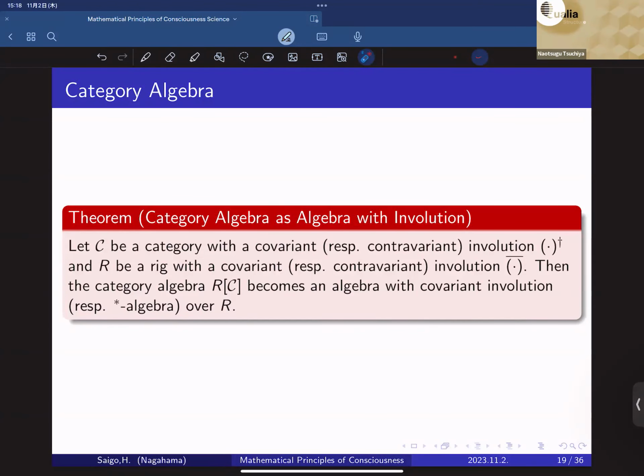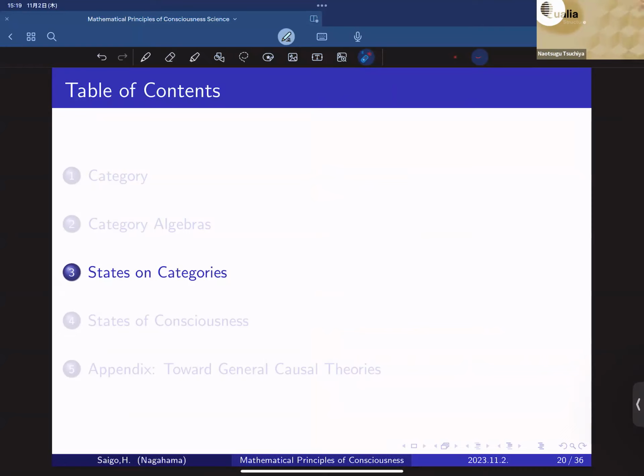It has a very deep reason, but a simple reason is that to define positivity, we need this. So why is positivity important? This is related to the probability interpretation. To assign some probability meaning to some numbers, quantities, we need to have the notion of positivity.